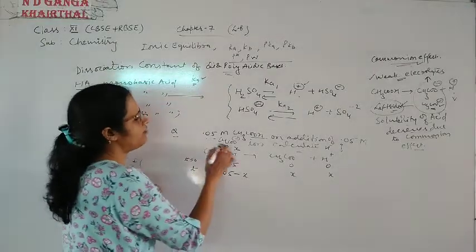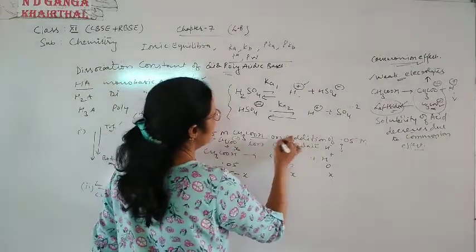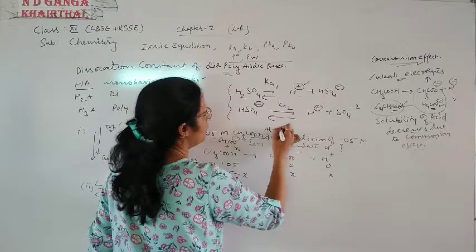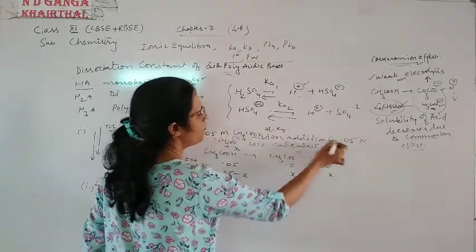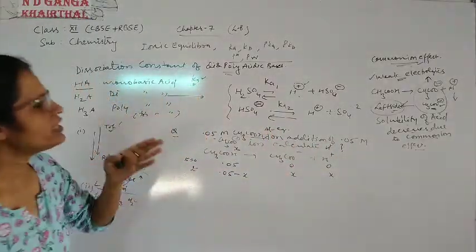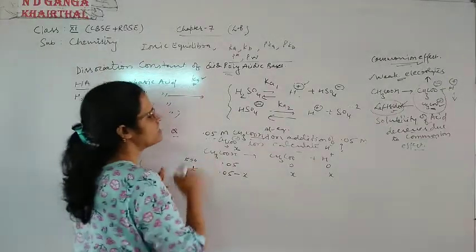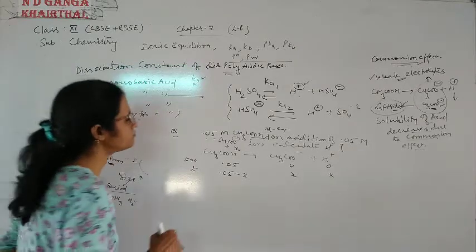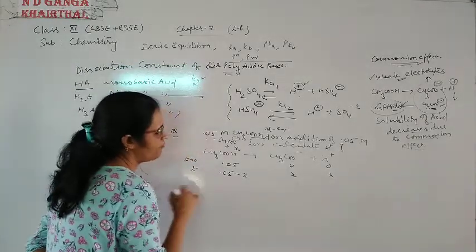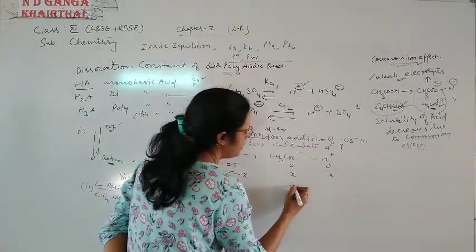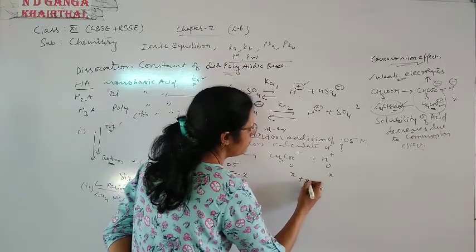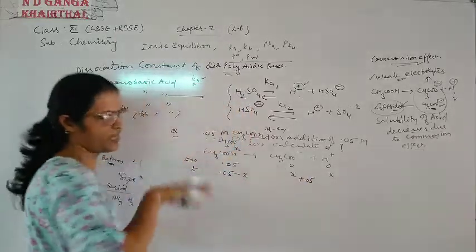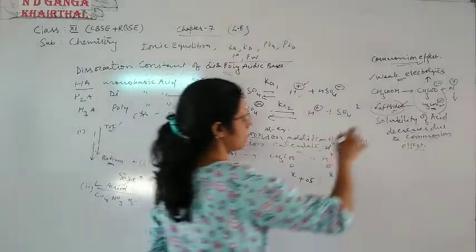At equilibrium we add 0.05 M acetate. What will happen if we have 0.05 acetate? Then it will be 0.05, we add some substance, okay?